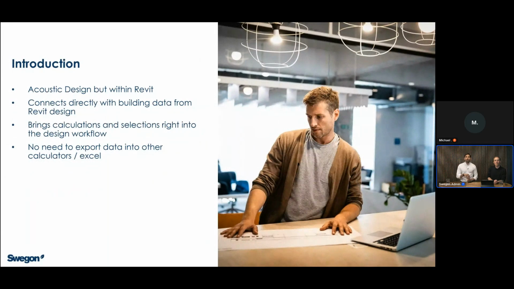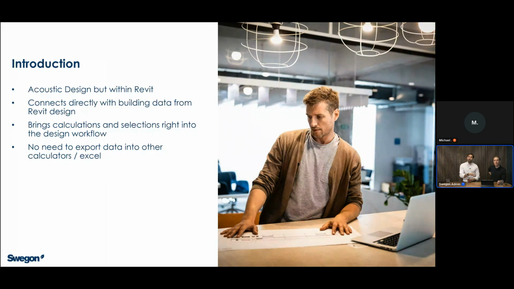It brings that calculation that you would otherwise have to do externally right into your design workflow. No need to export, no need to import. So we can jump right into acoustic design, run the calculations, and then bring that data and also the models right back into your Revit project. So it's a real connection between acoustic design and how you work with Revit, with your project.